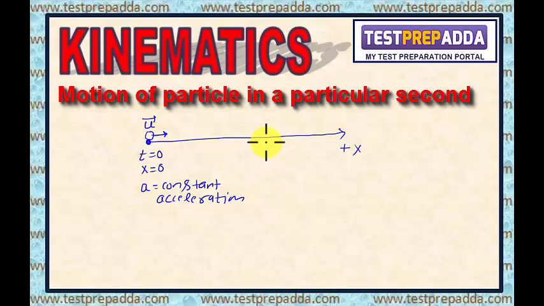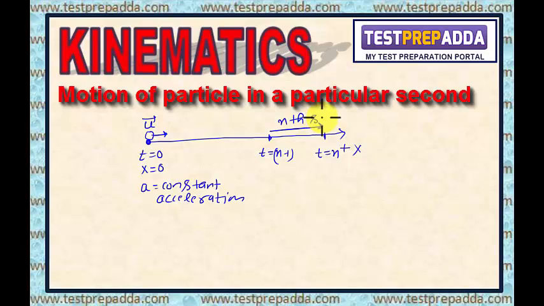Now if the particle at time t is equal to n minus 1 is here, and after 1 second, that is t is equal to n, the particle is here. Now we will learn the motion of the particle in this nth second.